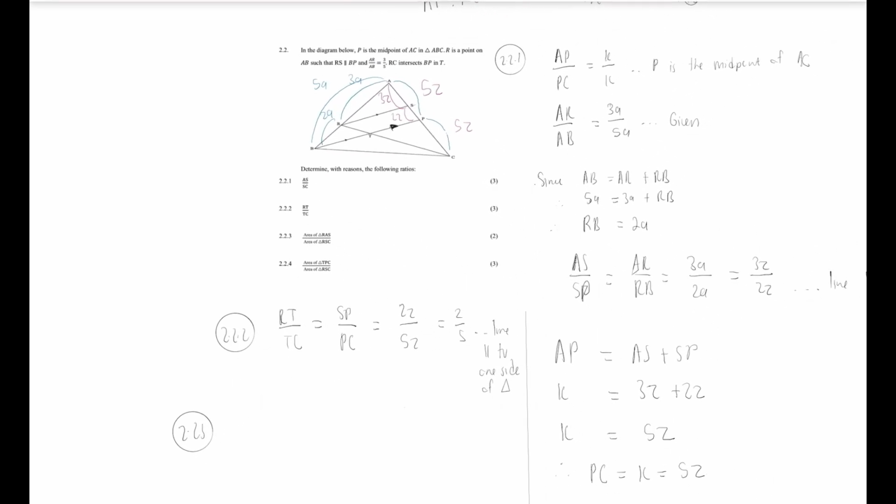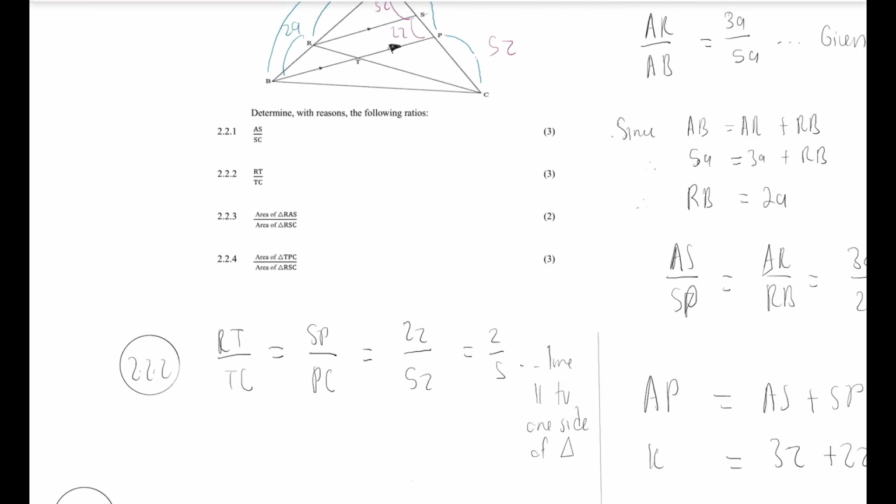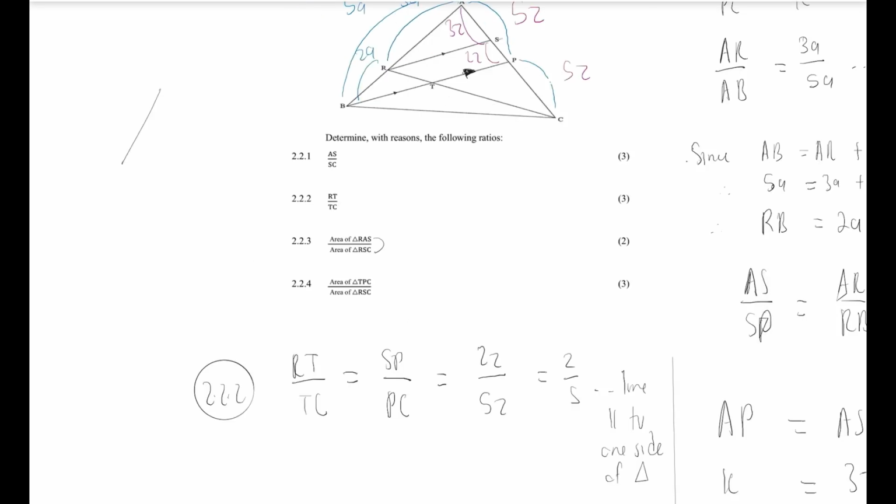So now for these types of questions whereby you have area, what you should know is that for the two triangles involved, if those two triangles share the same line, for example, I can have this sort of triangle and this sort of triangle. So this is triangle ABC. It's not very nice.